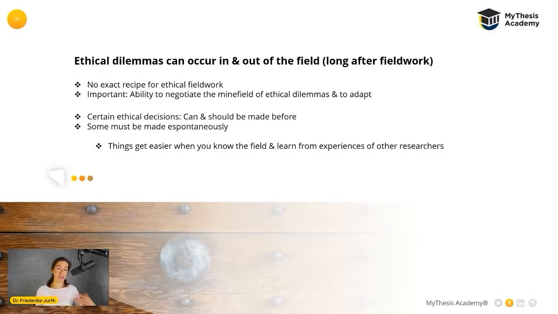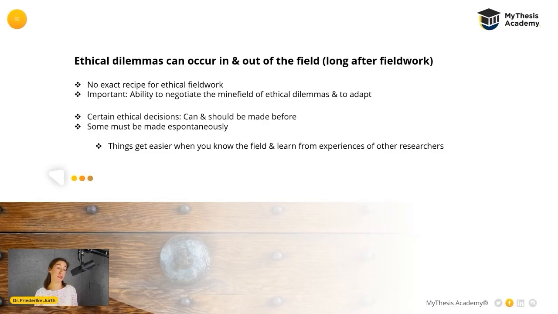Well, these aspects and dilemmas can occur in and out of the field. So, for sure, during fieldwork, at the moment of conducting a fieldwork, but also long time after the fieldwork, when the work and the research is already published.